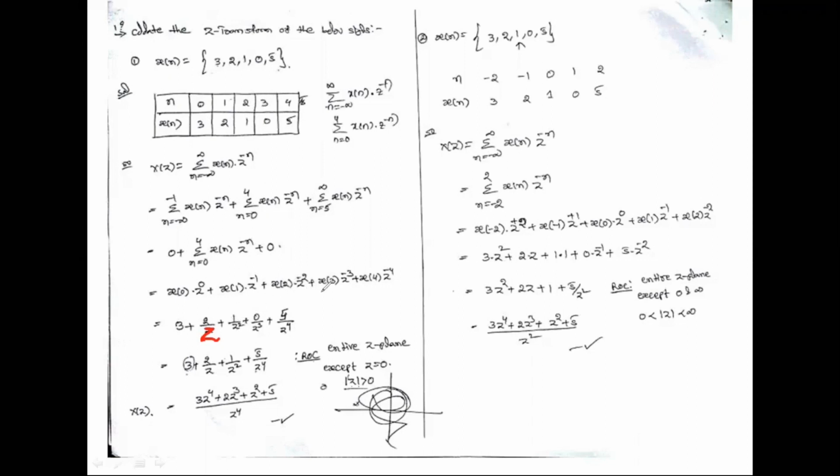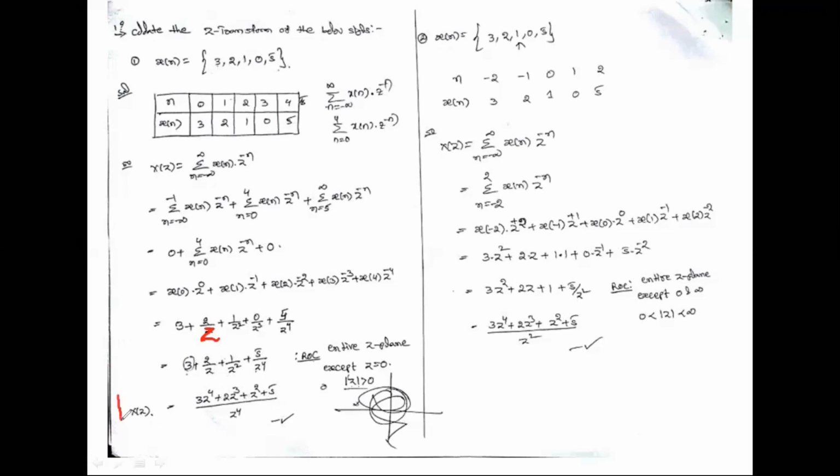And n is equal to 3, the x of 3 value is 0 by z cube. At n is equal to 4, the value is 5, 5 by z power 4. Okay, now you can simplify. 3 plus 2 by z, plus 1 by z square, and this value is 0, plus 5 by z power 4. Take the LCM as z power 4: 3z power 4 plus 2z cube plus z square plus 5.